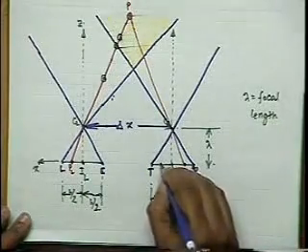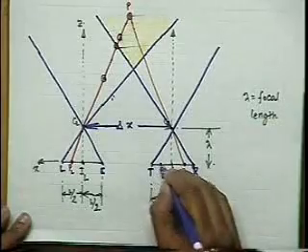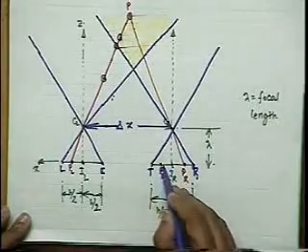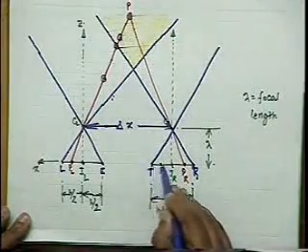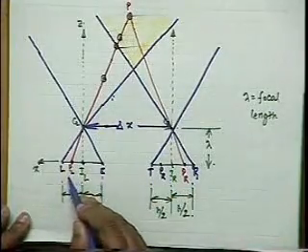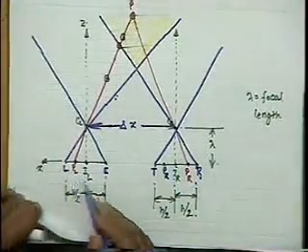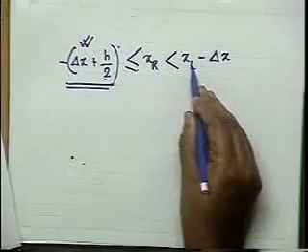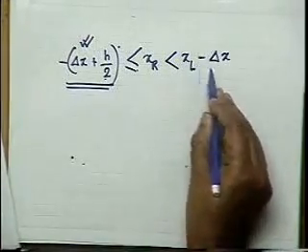So we must have this point PR at such a position in the limit that the distance TPL, the distance TPR and the distance LPL should be equal. And it is based on this constraint only that we have got the other limit as XL minus delta X.